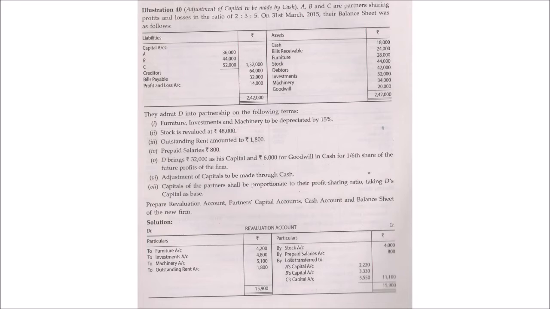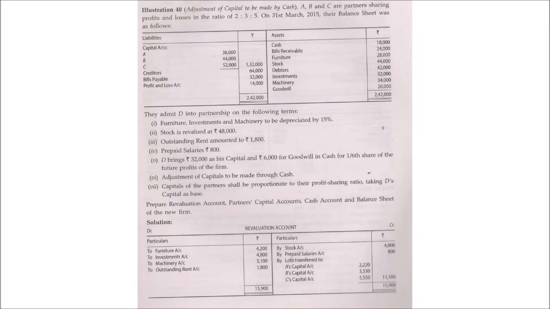So how much amount is D bringing for his capital? 32,000 rupees for 1/6 share. Using this, we can calculate the total capital of the new firm. How is it? 32,000 multiplied by 6 by 1. Now the total capital of the firm is 1,92,000 rupees. From this, we can calculate the new capital of the remaining partners.